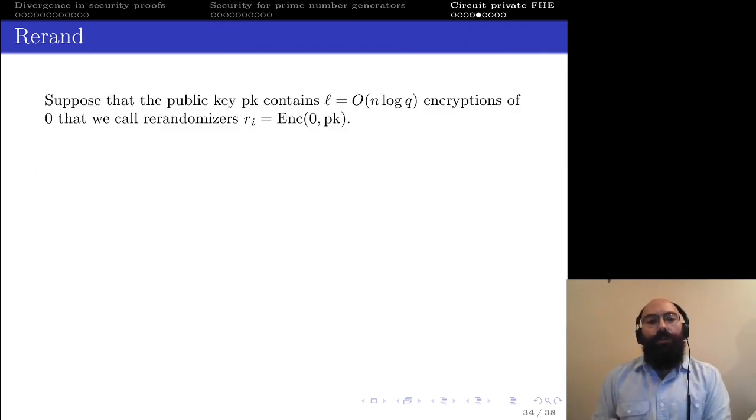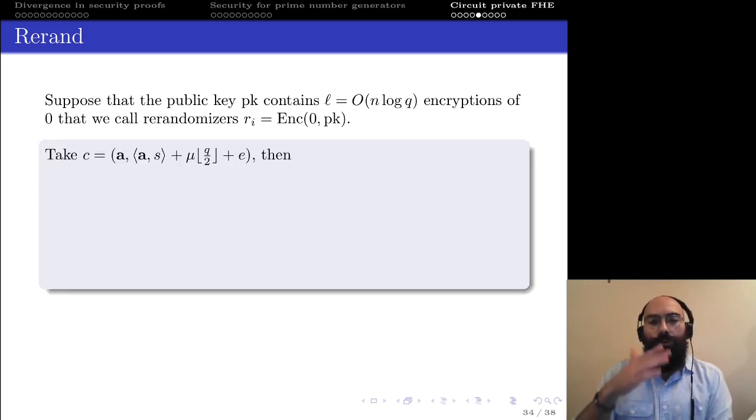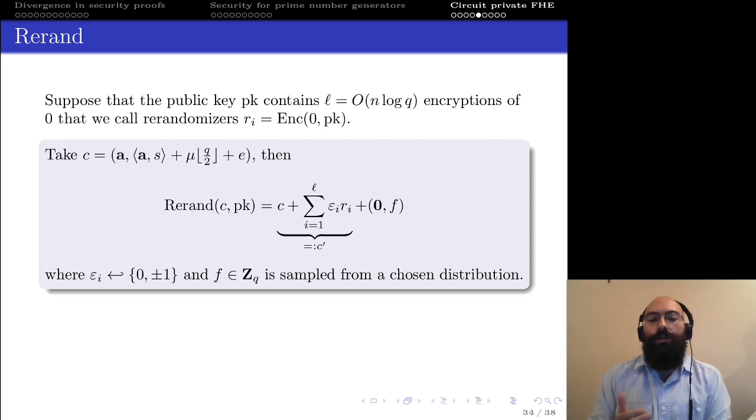So how do you define rerun? Well, suppose that in the public key you have some amount of encryptions of the bit 0. We call them rerandomizers. What you do is you take a ciphertext C, an LWE ciphertext, and you add a random linear combination of the rerandomizers, and you also add a noise F, which is sampled from a distribution of your own choice.